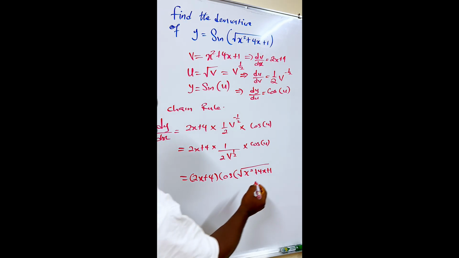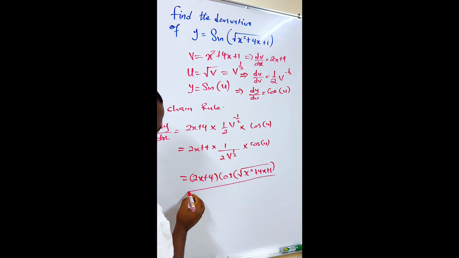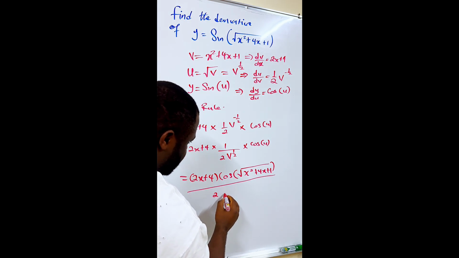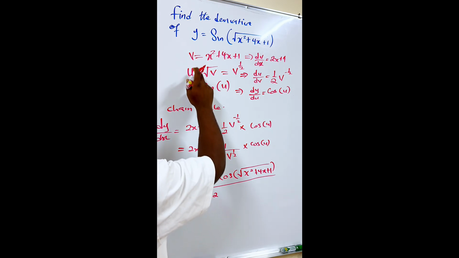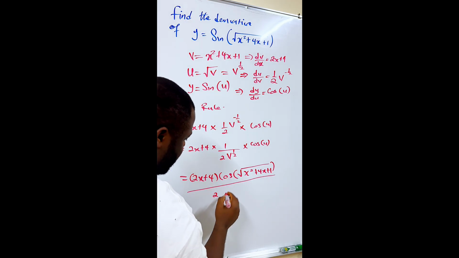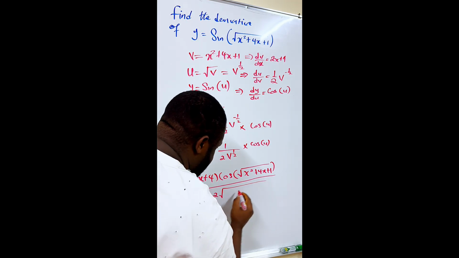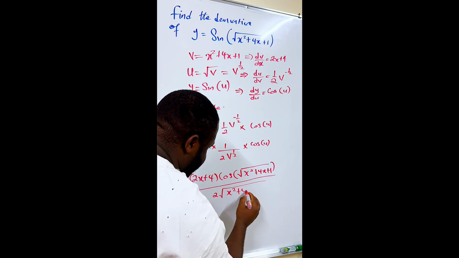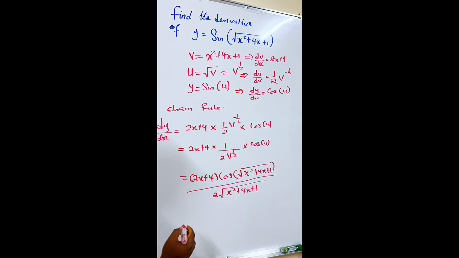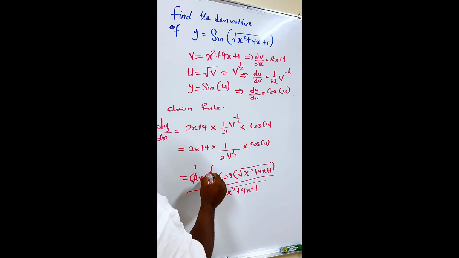All right. So then we divide it by this. So we now have v. v is this, but remember this is a square root. So this will now be the square root of x squared plus 4x plus 1. Right? So we can simplify this. So this cancels, this is 1. Here is 2, cancel, this is 2.